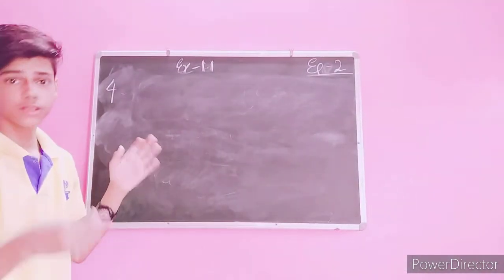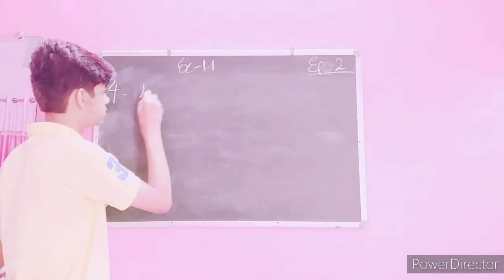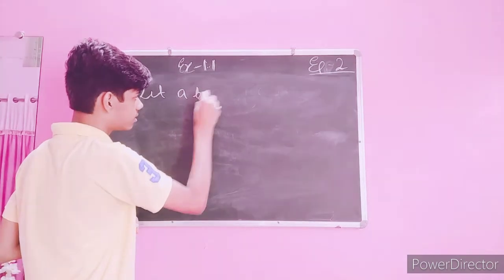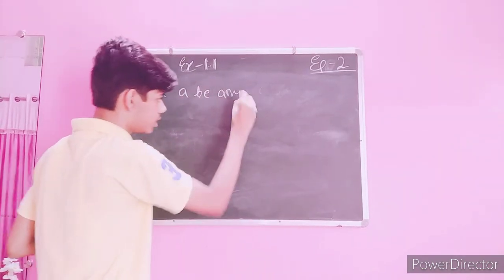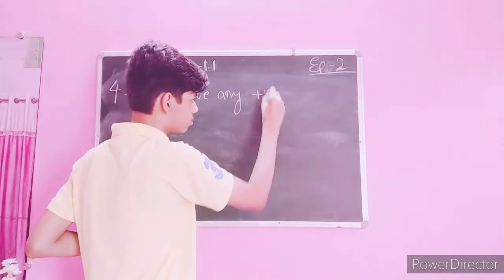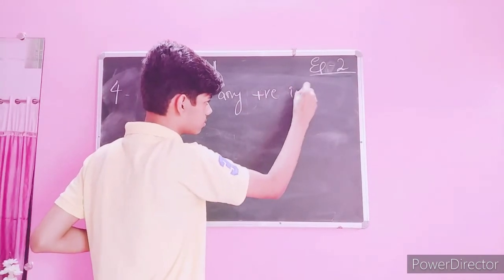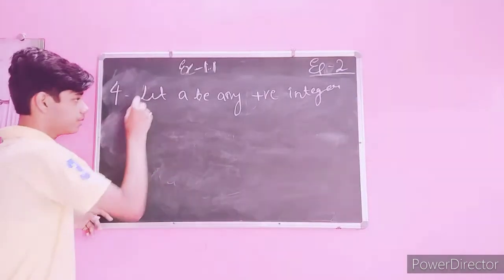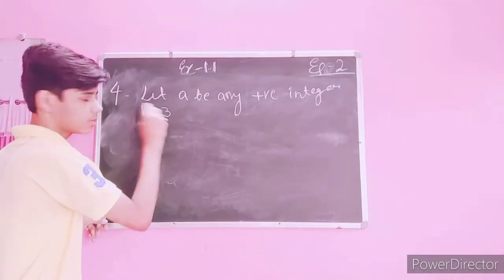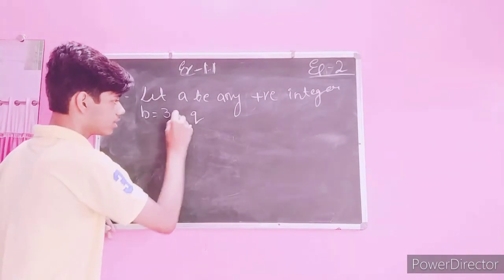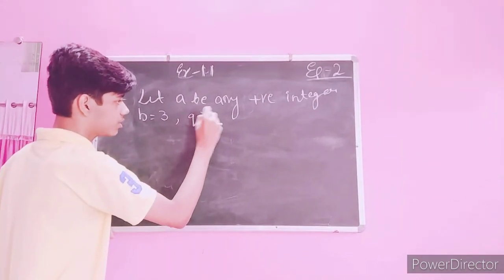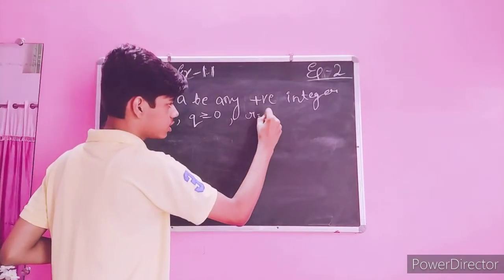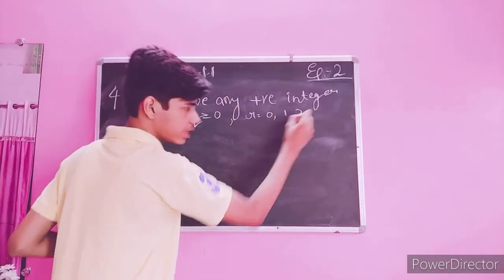So to solve this question, we will write: let A be any positive integer where b is equal to 3, q is greater than or equal to 0, and r is equal to 0, 1 and 2.